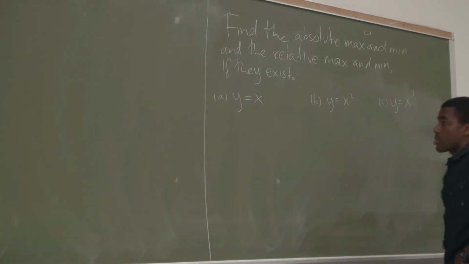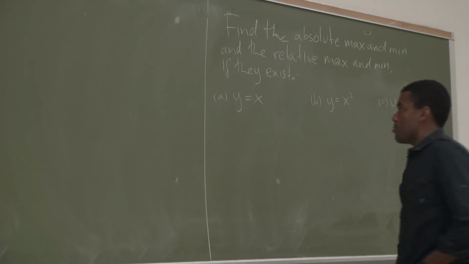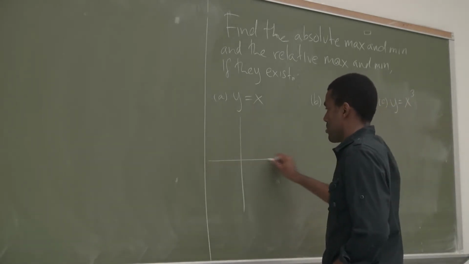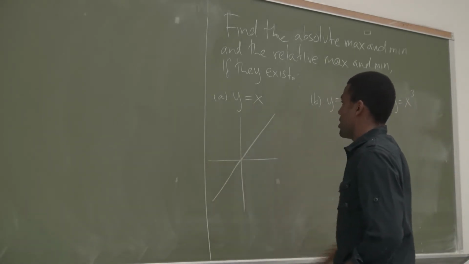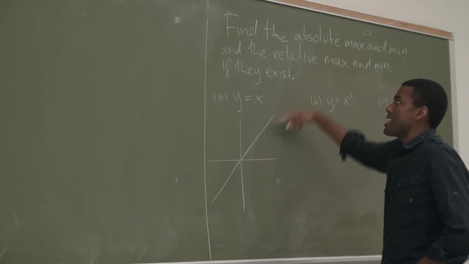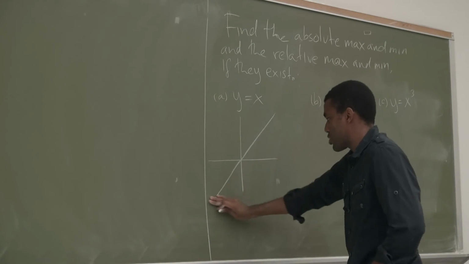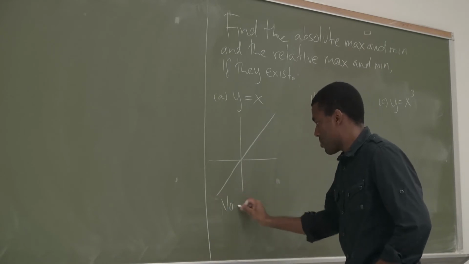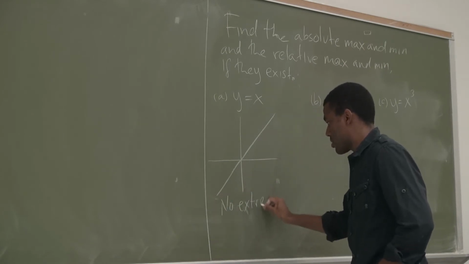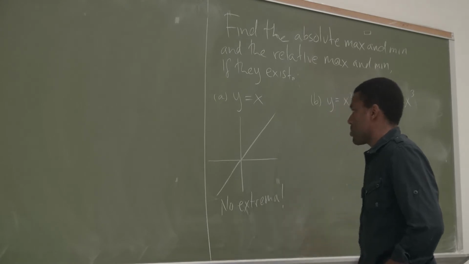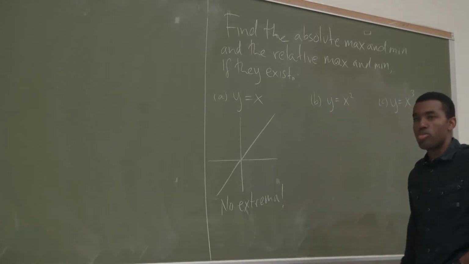Okay, y equals x. Are there absolute or relative extrema? y equals x just looks like that. There is no y value that's bigger than everyone, it keeps going up. There is no y value smaller than everyone because it keeps going down. There is no extrema here, none in general, and no relative ones either.